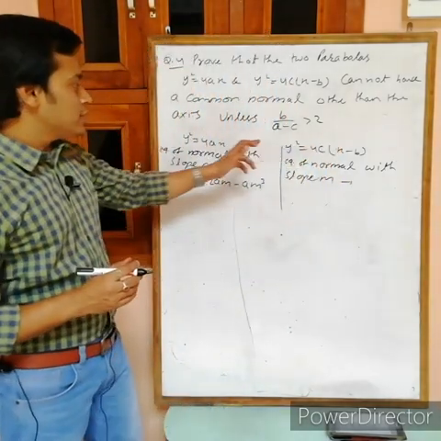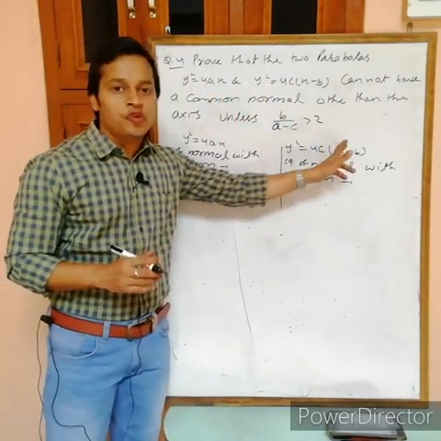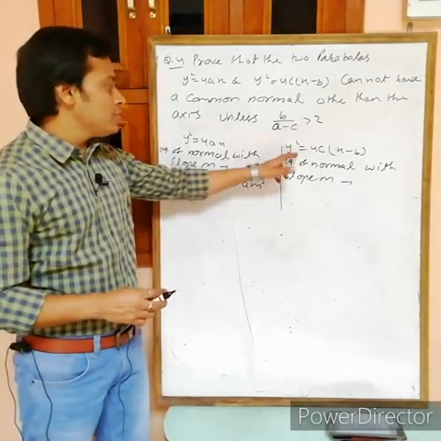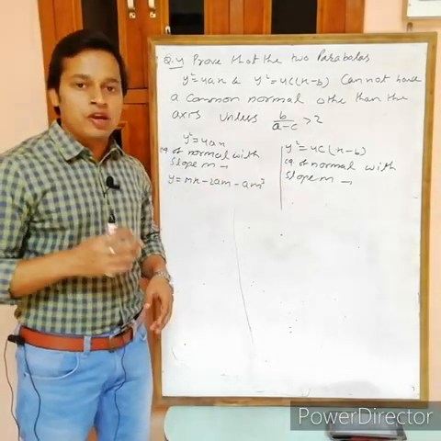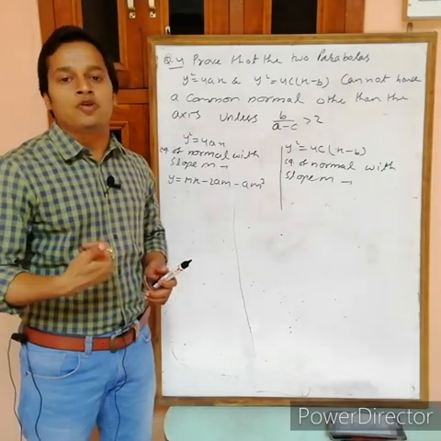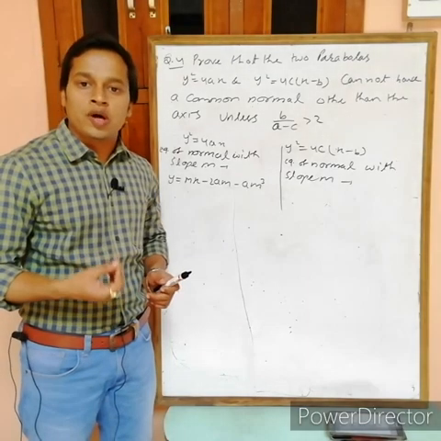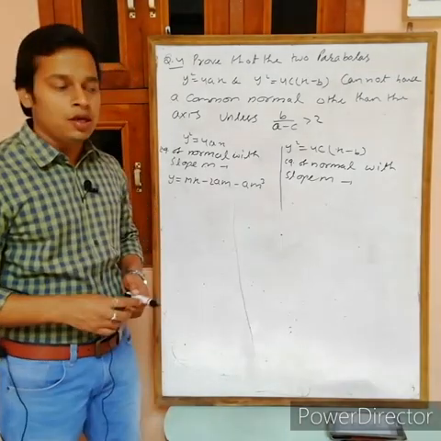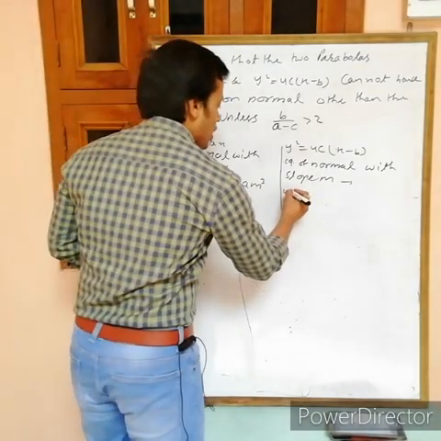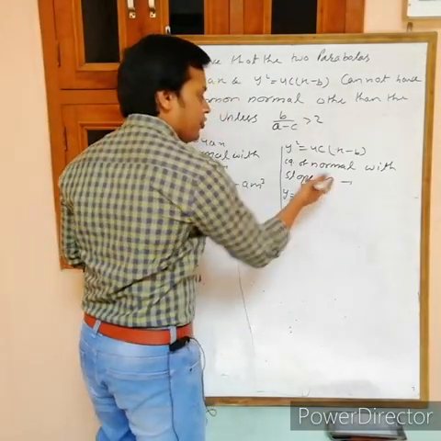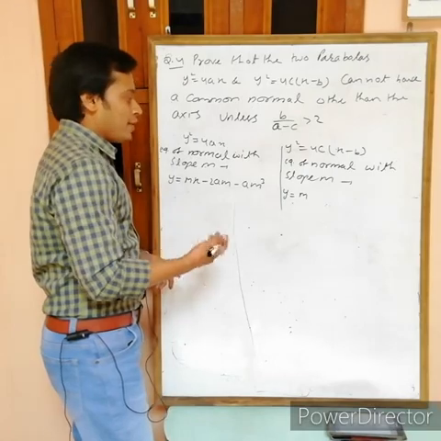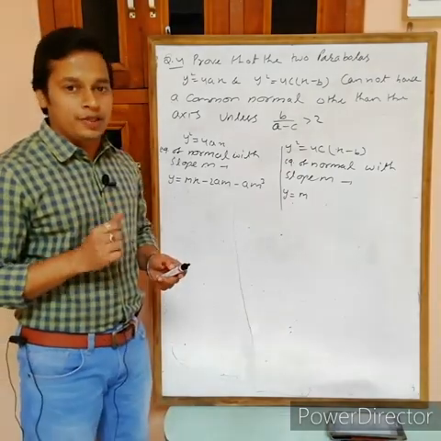Again, this is the same type, y square equals 4ax, so the normal for that one is y equals mx minus 2am minus am cube. So write down y equals m into x, but there is one change.